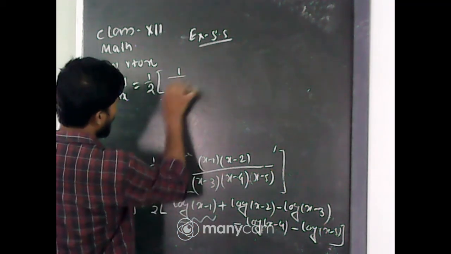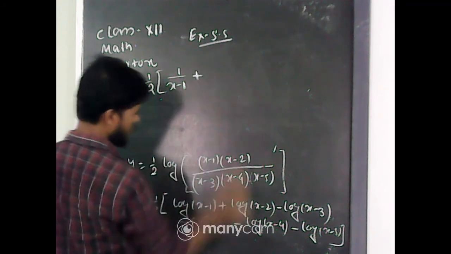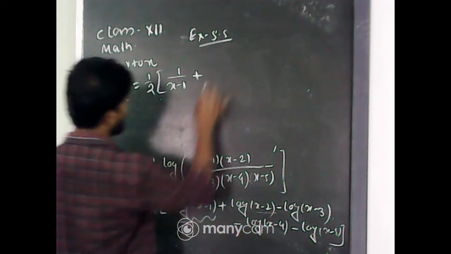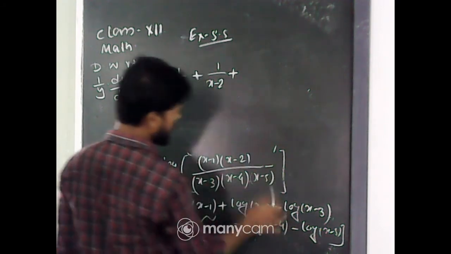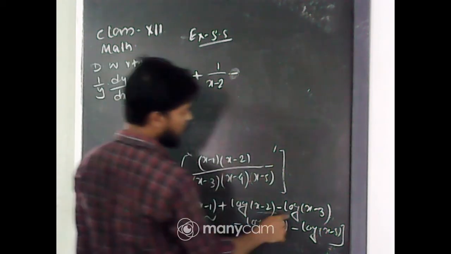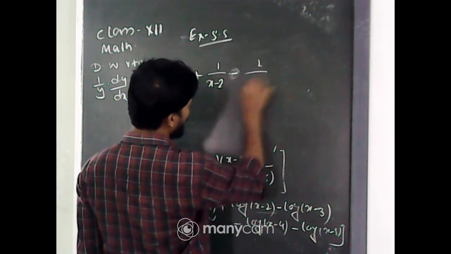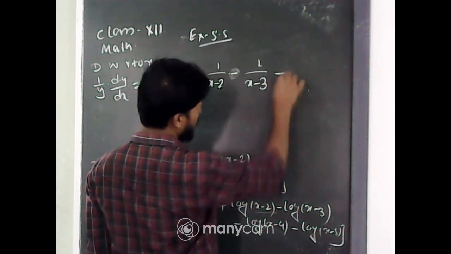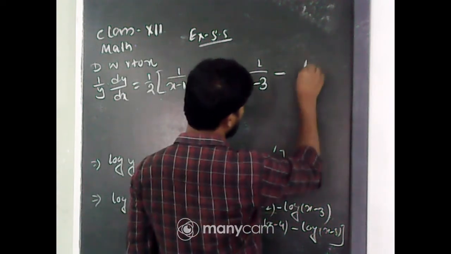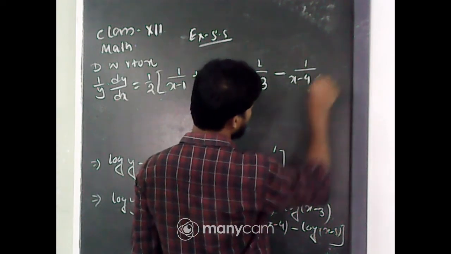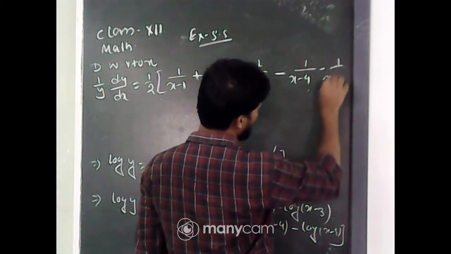It will be 1 by (x minus 1) plus the derivative of log of (x minus 2), which is 1 by (x minus 2), minus the derivative of log of (x minus 3), that is 1 by (x minus 3), minus 1 by (x minus 4), minus 1 by (x minus 5).